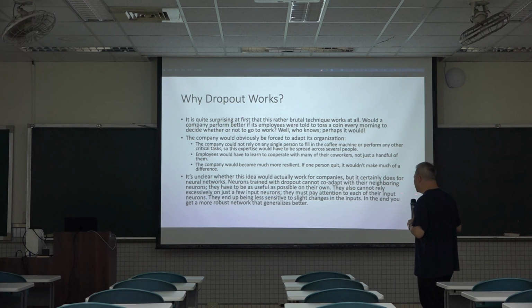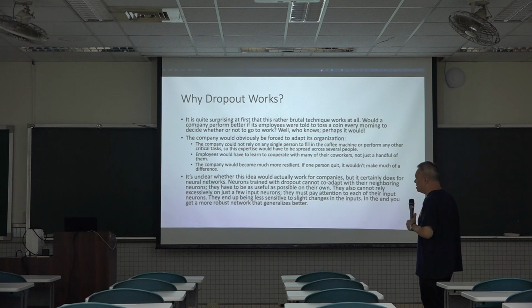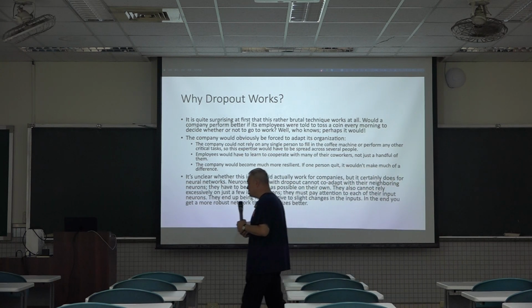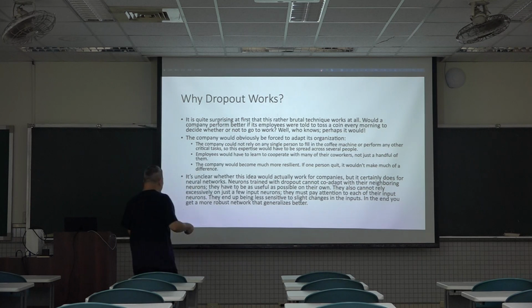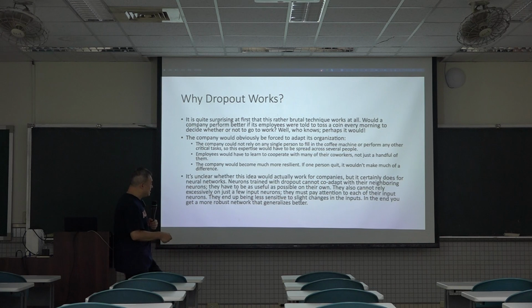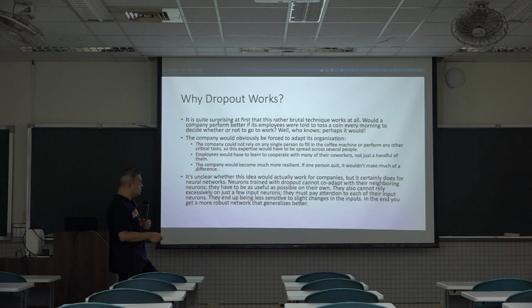This sentence again reflects the second fact from the company example. The employee has to be able to collaborate better, and the neurons end up being less sensitive to slight changes in the input. So in the end, you get a more robust network that generalizes better.